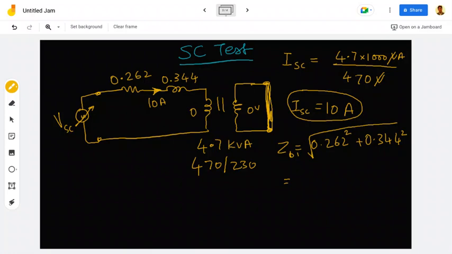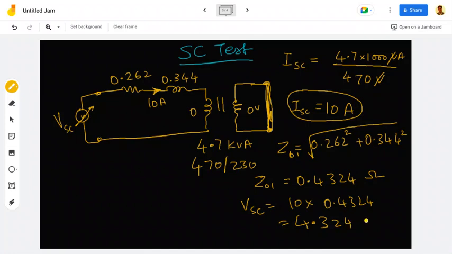I'm getting this value to be 0.4324 ohms. So that is Z01. Now impedance is there and current is there. So the short circuit voltage, I'm only interested in magnitude, is 10 multiplied by 0.4324, which gives me 4.324 volts.